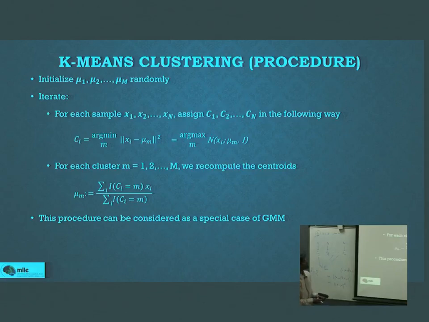Sometimes they take a medoid, as in k-medoids, where they choose the data point itself closest to the mean.